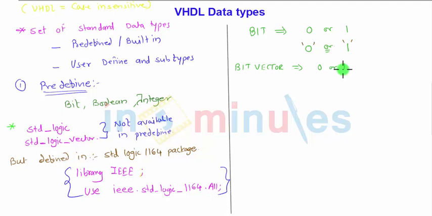But when writing the bit vector, make sure that the number of bits in the value matches the size of the bit vector. If I am defining a bit vector of size 3, then the vector length should be 3. So it is important that the bit vector length and the bits present in the bit vector are the same.